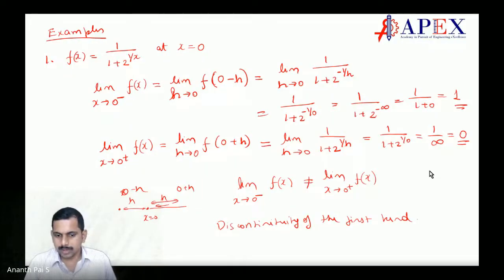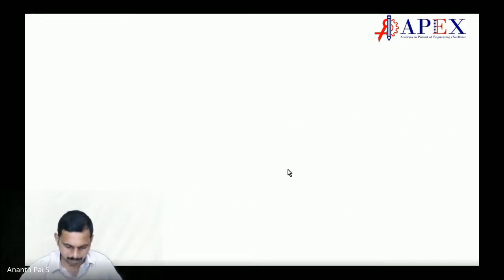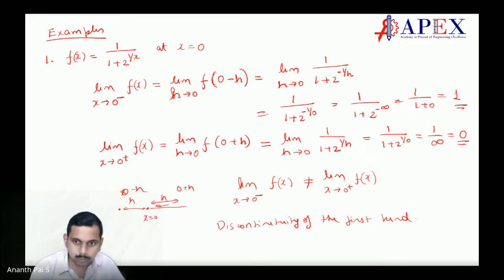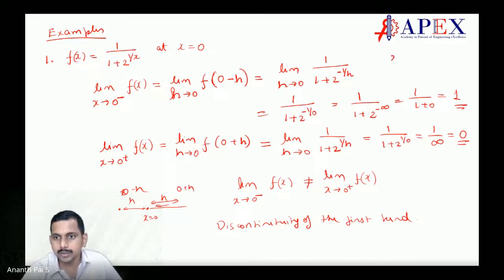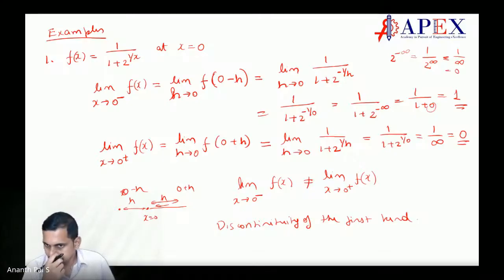Why? Because 2 raised to minus infinity is equal to 1 by 2 raised to infinity, and 1 by infinity is 0. Got it? Very good.